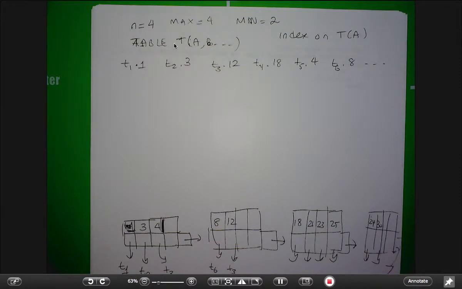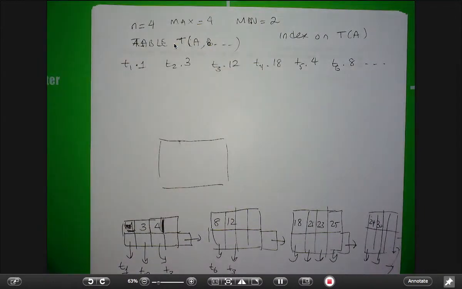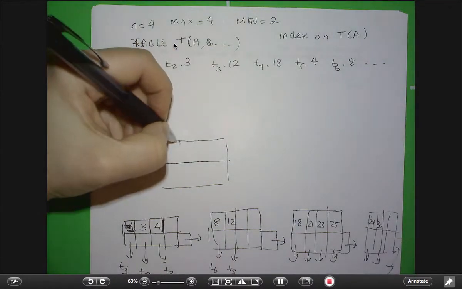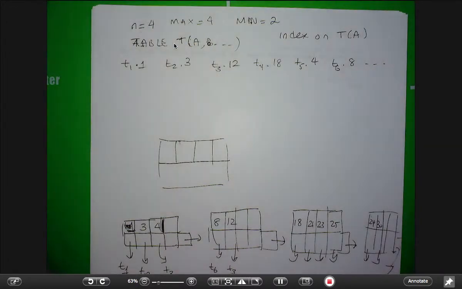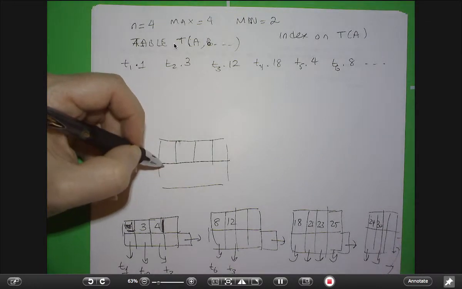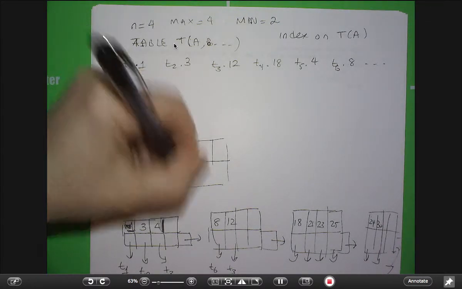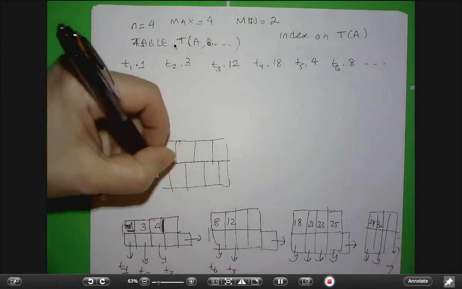Now I'm going to build a sparse index on top of this. So on the upper level, my indices are going to point to these, and I'm going to draw them a little differently. So I'm going to have 1, 2, 3, 4 key values, and 1, 2, 3, 4, 5 pointers.